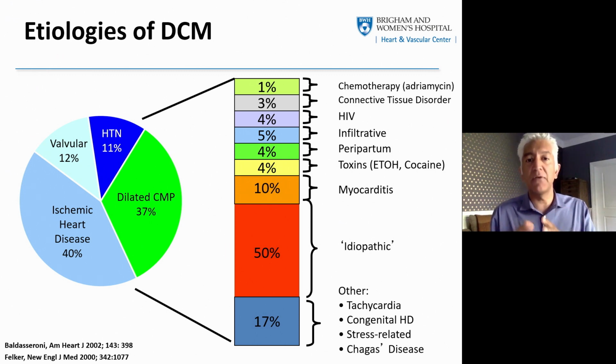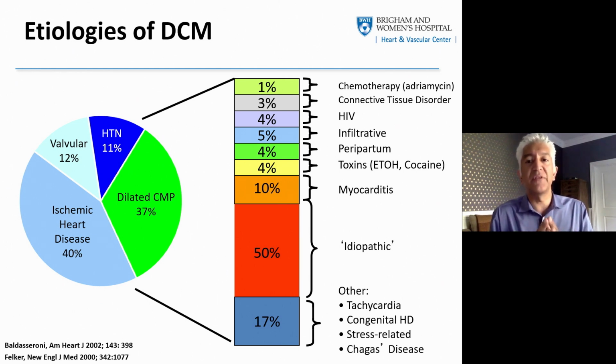And the breakdown of causes of that entity, which some have called idiopathic dilated cardiomyopathy or dilated cardiomyopathy, is really listed on the slide. And I think increasingly important in that group is the entity of chemotherapy-related cardiomyopathies. The paradigmatic entity there is adriamycin or daunorubicin.